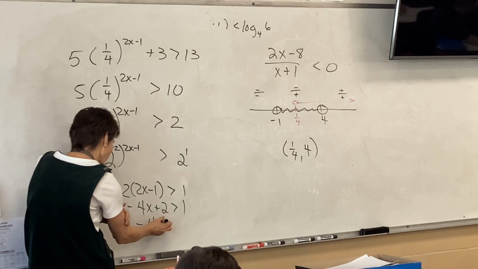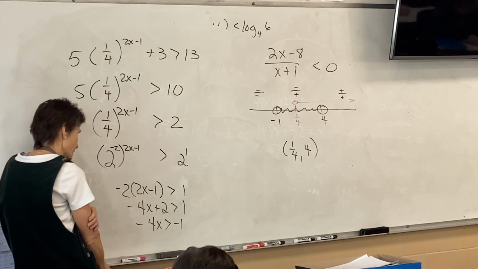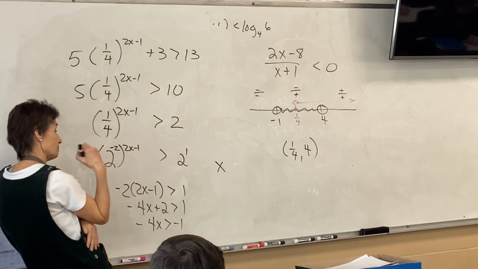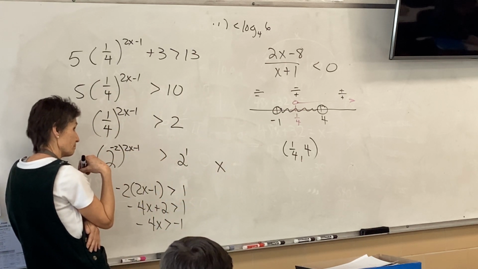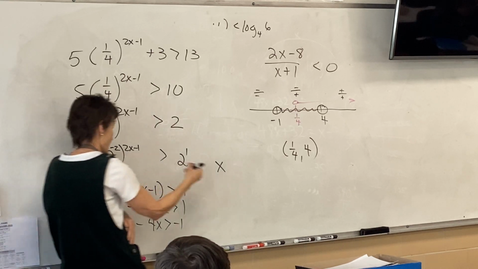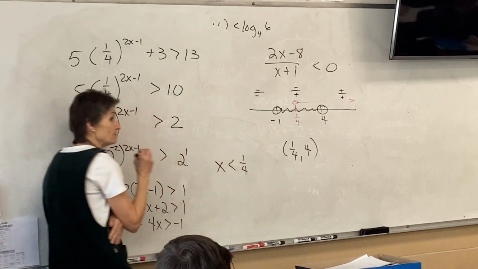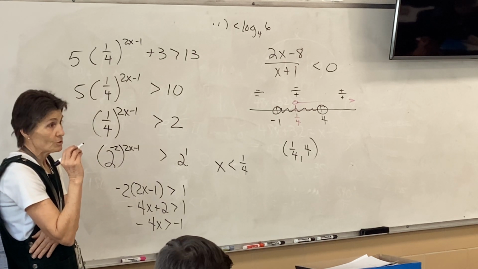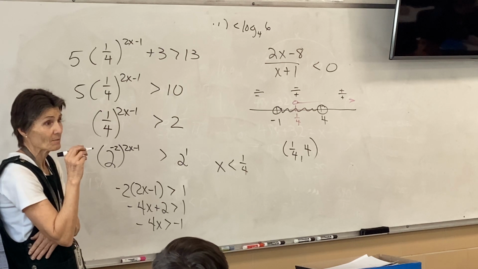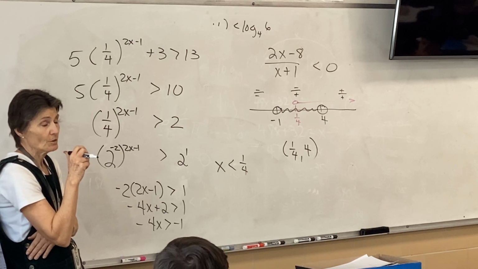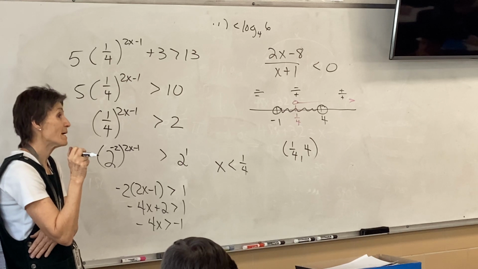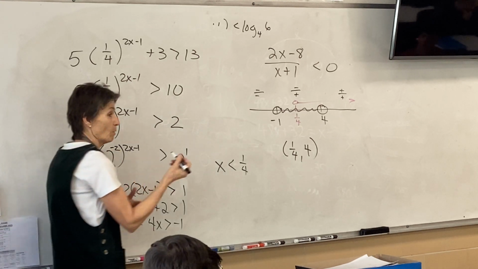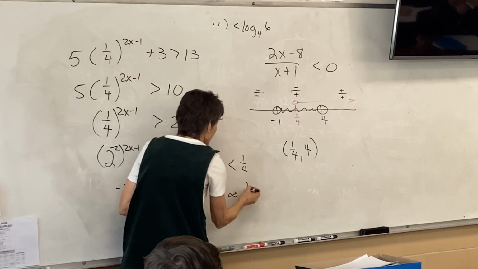So negative 4x is greater than negative 1, and x is less than 1/4. Now, do I have all that other stuff to worry about that I did in my logarithm problem? Nope, because this is exponential and the domain of exponentials is all real, so we don't need to worry about that. So our answer, negative infinity.